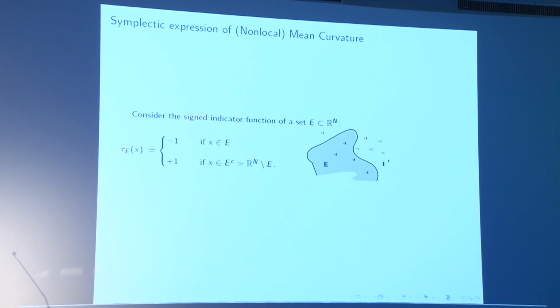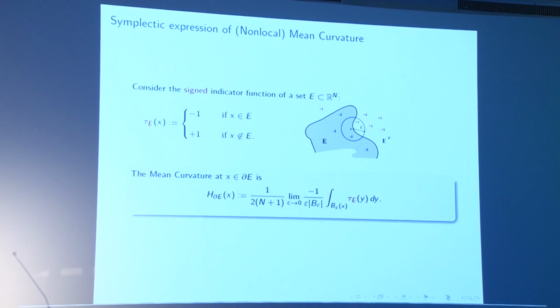So it's visualized in this expression, with the -1s, which are, in a sense, all the particles which have the same properties, and those outside are characterized by +1. And so the mean curvature is kind of an infinitesimal derivative of this function.